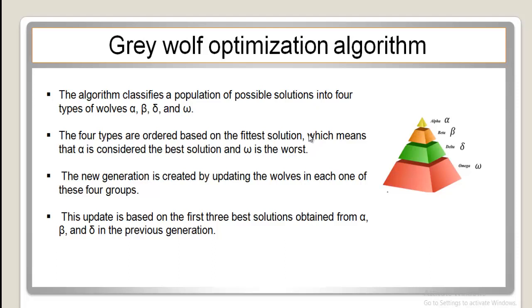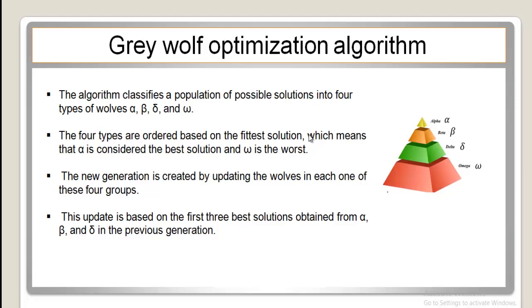The update mechanism is informed by the leading solutions, especially the first three best solutions from the previous generation, corresponding to the alpha, beta, and delta wolf. The rest of the agents, which are the omega, adjust their position in the search space based on the position of these leading three.